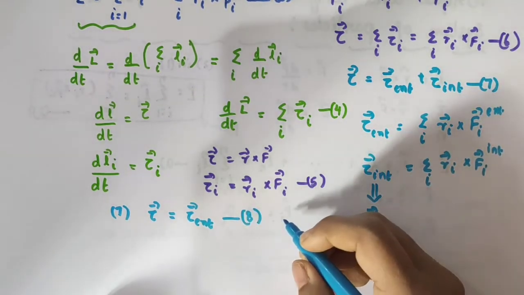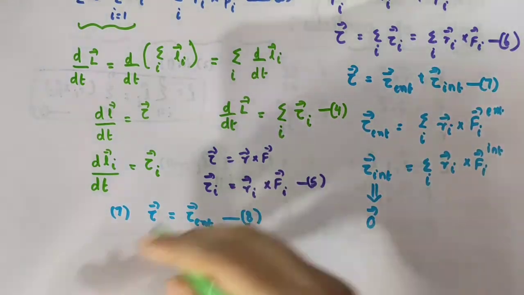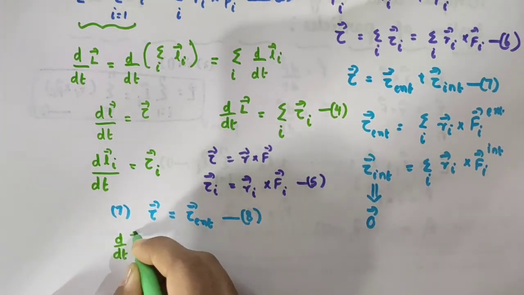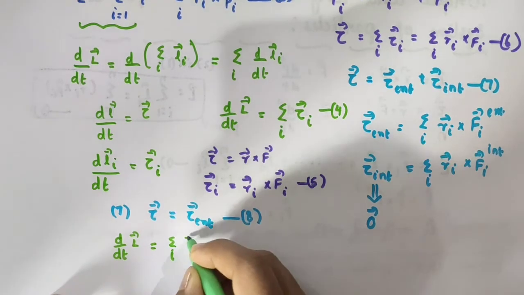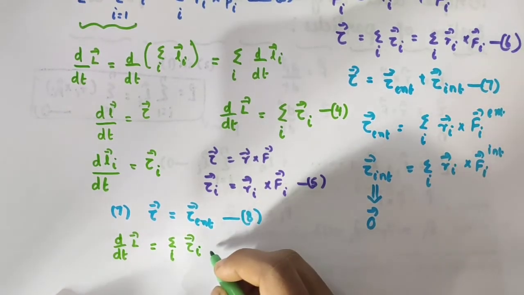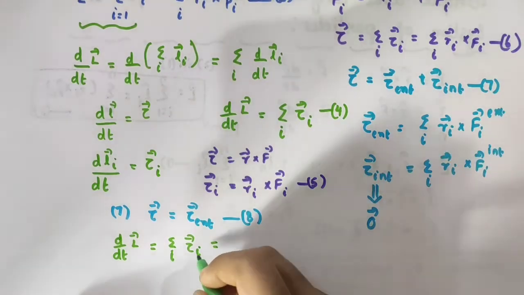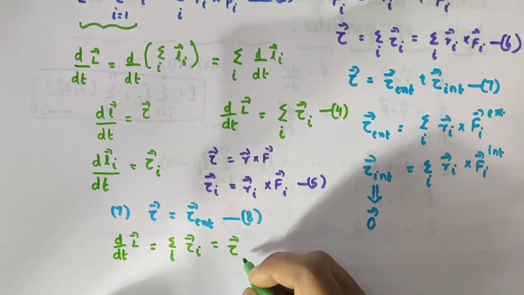Now, from equation number 4, we have d by dt of vector L is equal to the summation over i of vector tau i. The summation over i of vector tau i is the total torque acting on the system, which can be taken as vector tau.